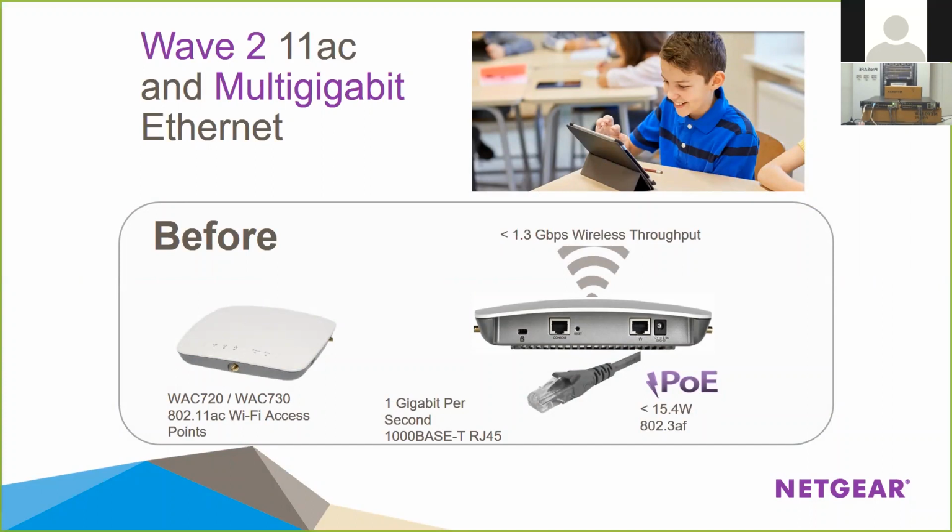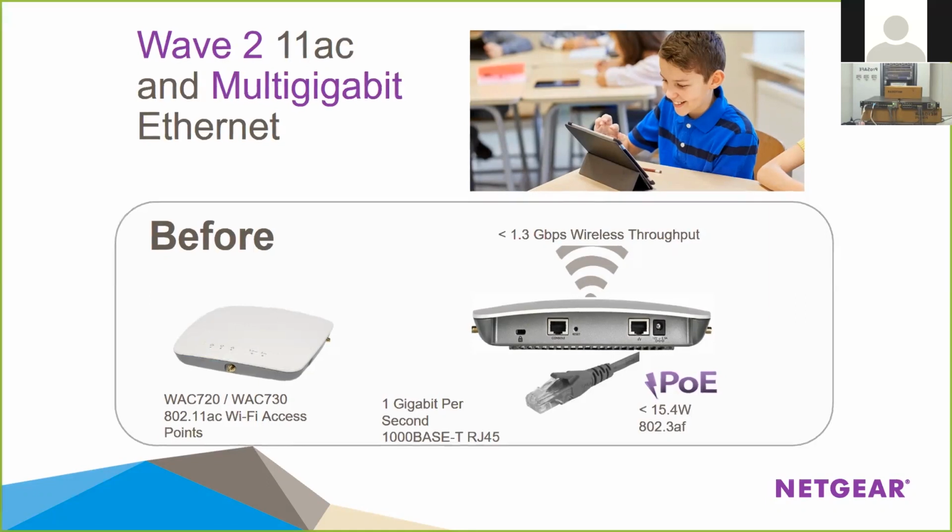So one gigabit Ethernet port was enough to aggregate that wireless throughput. PoE also very often was standard PoE, so 802.3af with less than 15.4 watts per port.